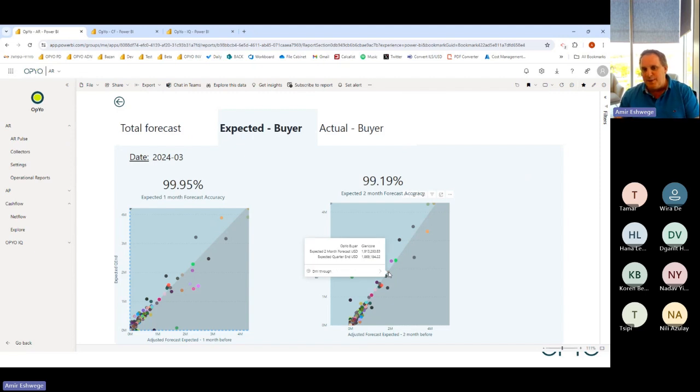For example, for this buyer we expected 1.913 and we collected 1.869. But if we have buyers that are far away from the line and have a strong impact, we want to understand what we didn't forecast properly or what we're missing. So we have a learning curve.